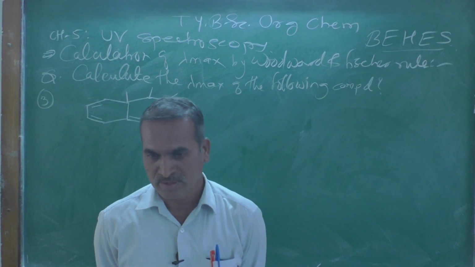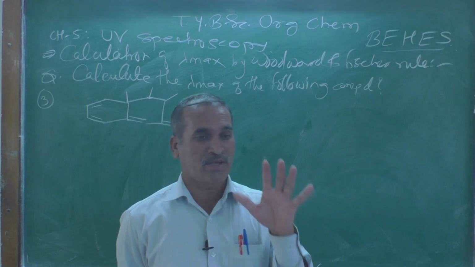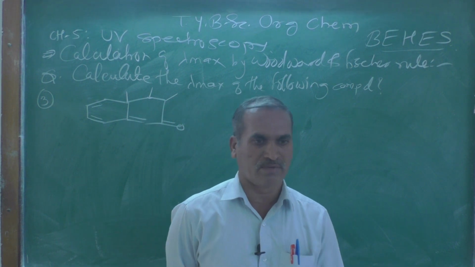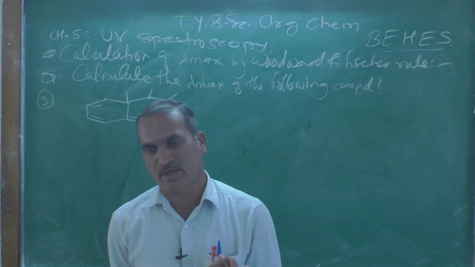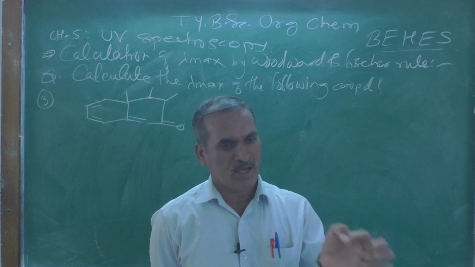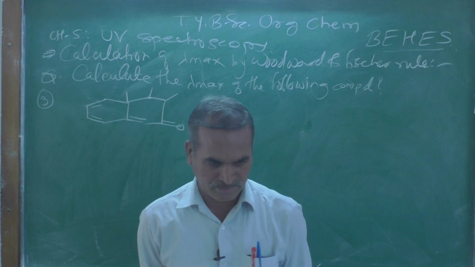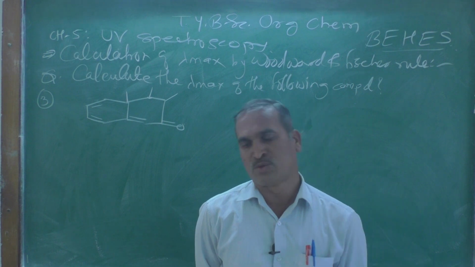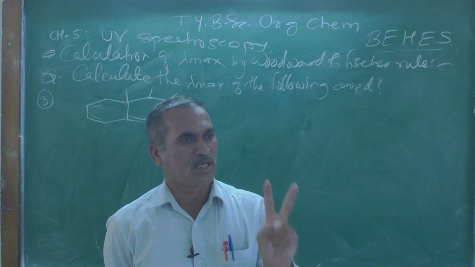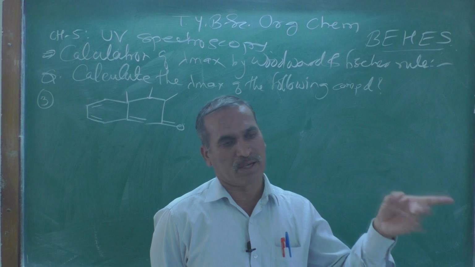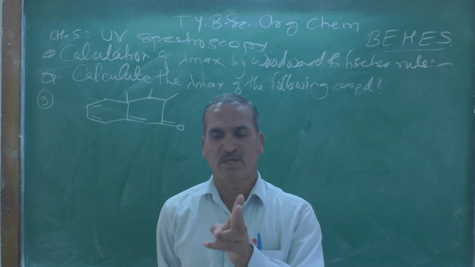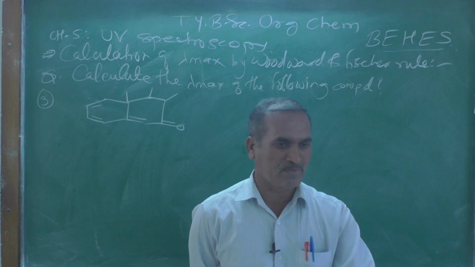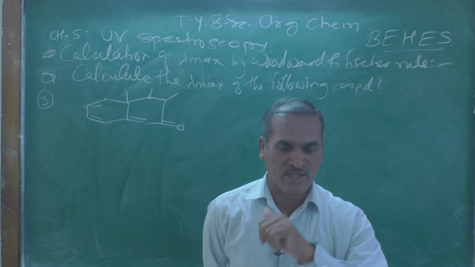First, identify the system. At T.Y.B.Sc level only two systems are there: one is a diene system and the other is an enone system. A diene system is a conjugated system where carbon-carbon double bonds are present alternately.